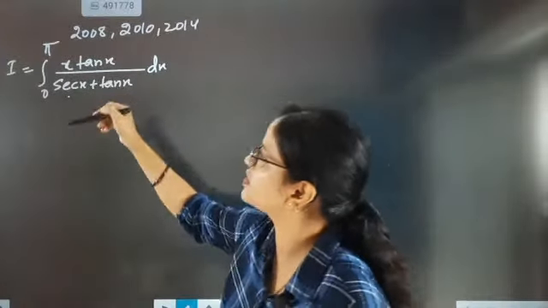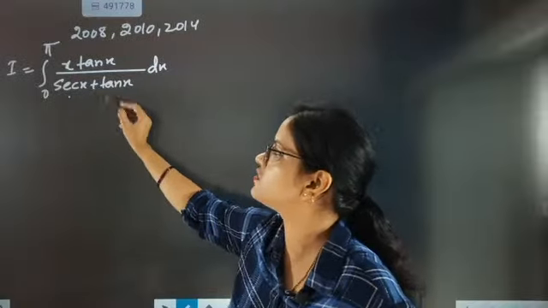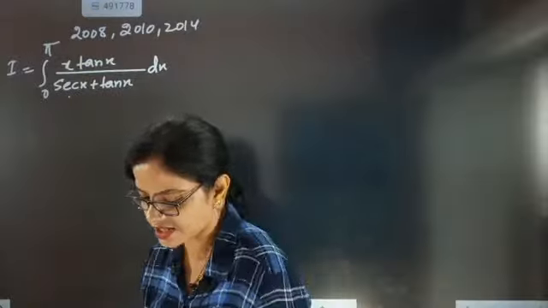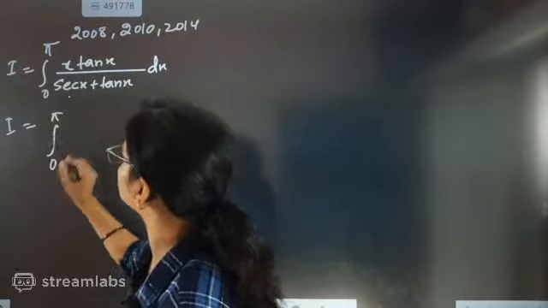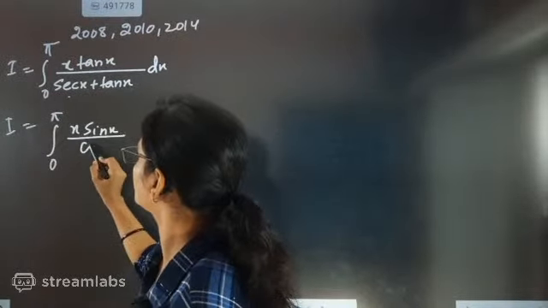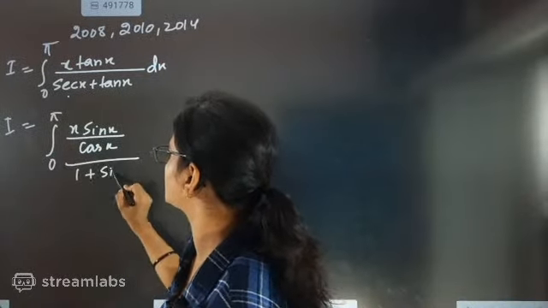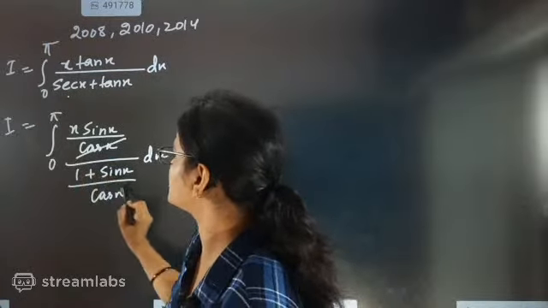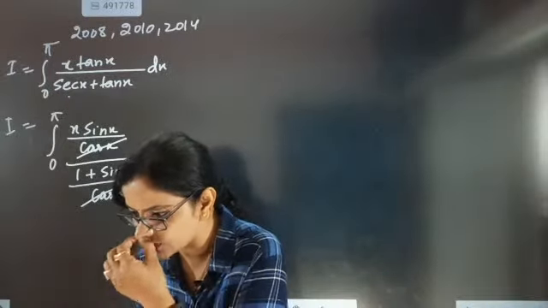Tan becomes sine by cos, secant becomes 1 by cos, and this becomes sine by cos, so it will just cancel easily. So the integral from 0 to pi becomes x sine x by cos x over 1 plus sine x by cos x dx. This cos x and this cos x get cancelled. So I just converted it. The integral seems to be easy.